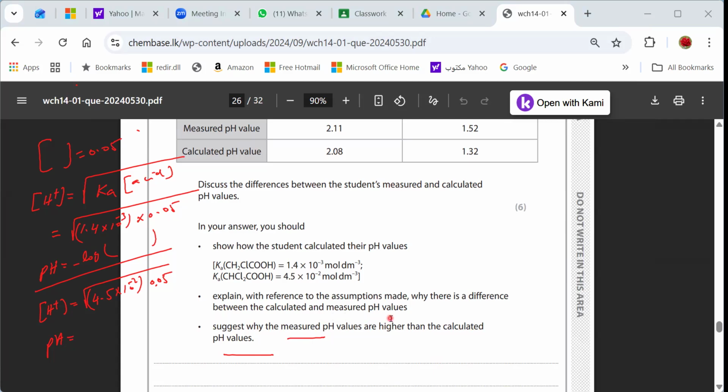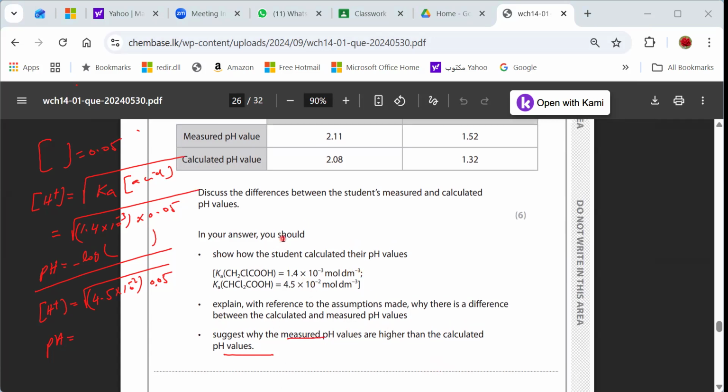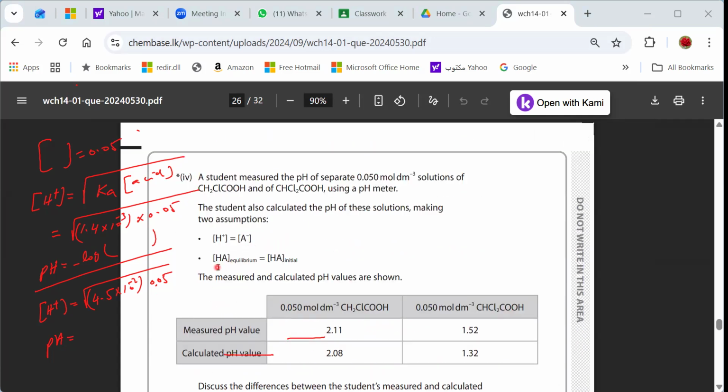Of course, we see that the assumptions, we assume that the concentration of the acid at equilibrium is equal to the concentration of the acid initially. And of course, this is an assumption. It's not something that is real, because the acid dissociates, part of the acid dissociated.